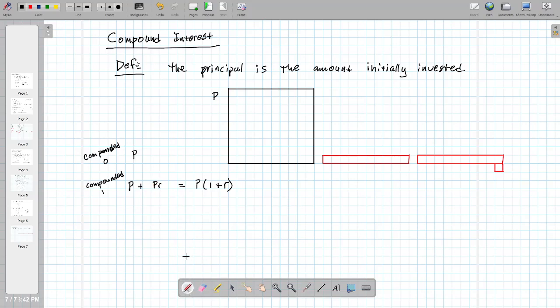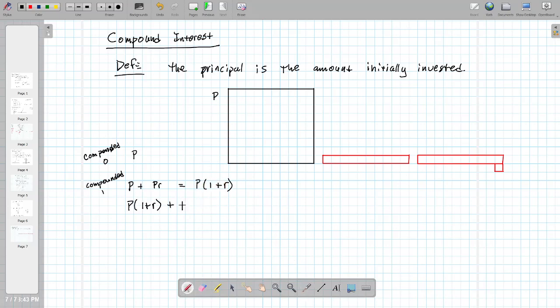Now let's compound a second time and see what happens. So now we take the current principal that we have, which is P times 1 plus R, and we multiply it by our rate. So this is what we currently have, and we add the interest that has accrued on this principal, on this amount of money.